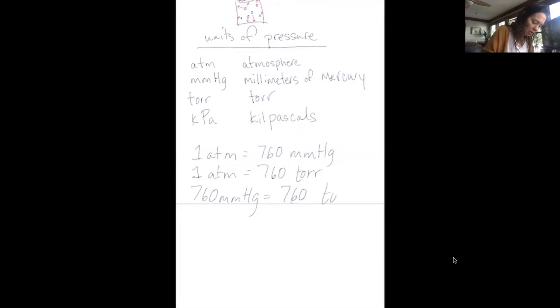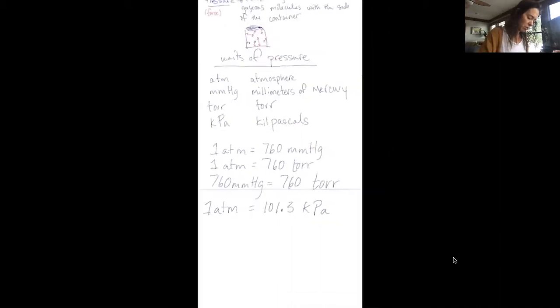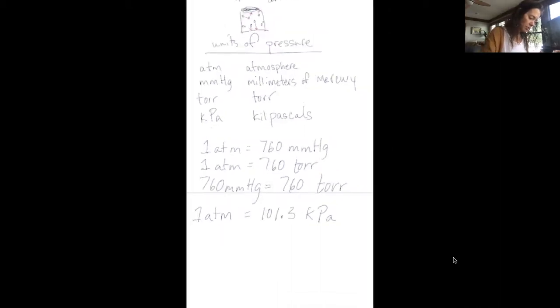You can just interchange them. All right. And then 1 atmosphere is equal to 101.3 kilopascals. You're probably not going to see kilopascals. You're much more likely to see the millimeters mercury and the atmosphere. But if you do, you'll see it there. So if you need to convert your units of pressure, those would be your conversion factors.